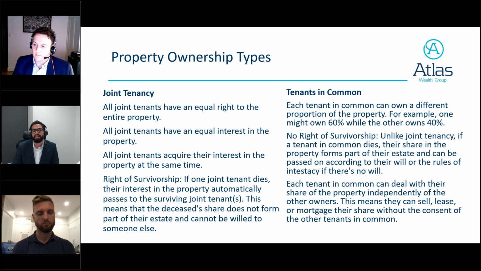I've reviewed an estate getting wound up where someone owned 1/32 of a commercial asset, and that one person can be the person that doesn't allow the whole family to sell. So be mindful of how tenants in common operate, and there is no right of survivorship.